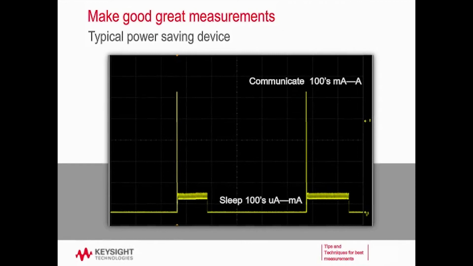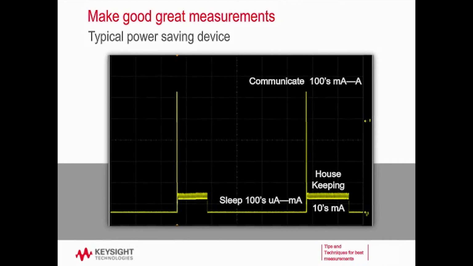Then I have this communication phase of my signal, and I'm communicating, and that's going to take up hundreds of milliamps or so. And then I have this housekeeping stage, so I basically have to make sure all my communications were proper and accurate, and then I have to tell the system to go back into a sleep state. And that's usually going to take, on average, tens of milliamps for today's power-saving devices. And then you go back into your sleep state.